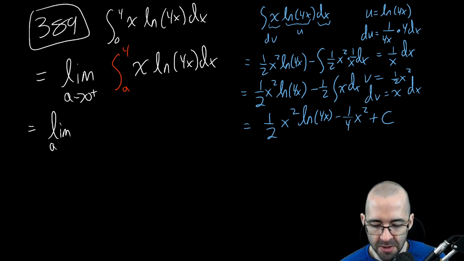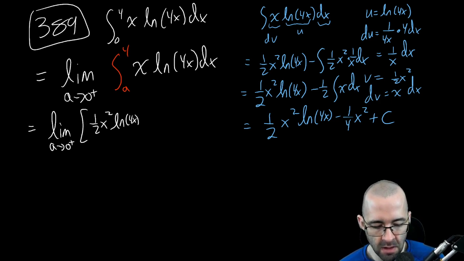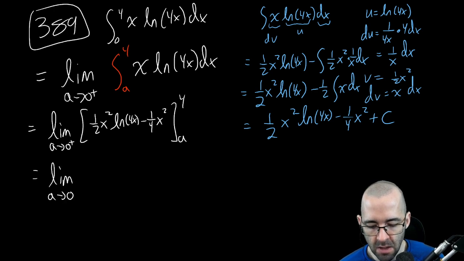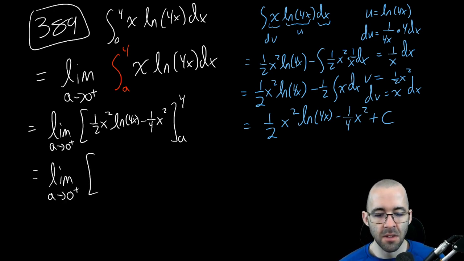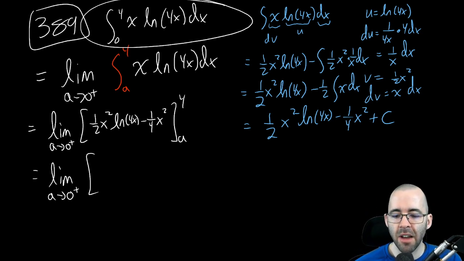The limit as a goes to 0 from the right of the antiderivative, which is 1/2 x squared ln of 4x minus 1/4 x squared, we don't need the plus c, evaluated from a to 4, and then we can plug in. As a side note, we can't use the fundamental theorem of calculus on here because it's not defined from 0 to 4.